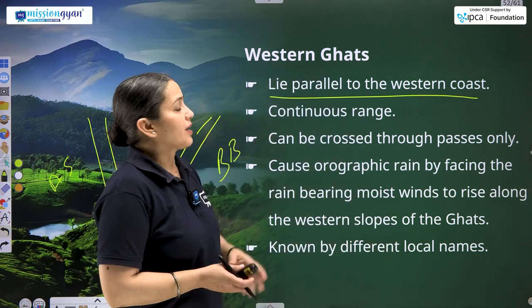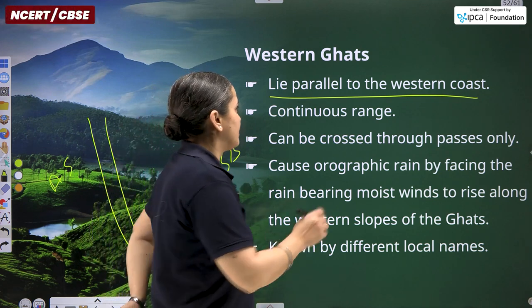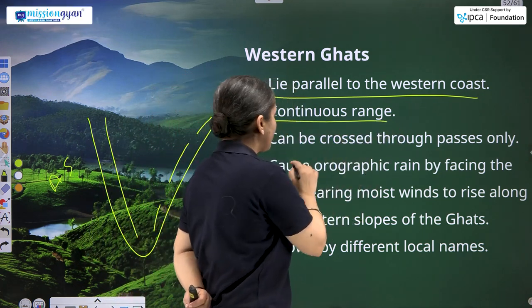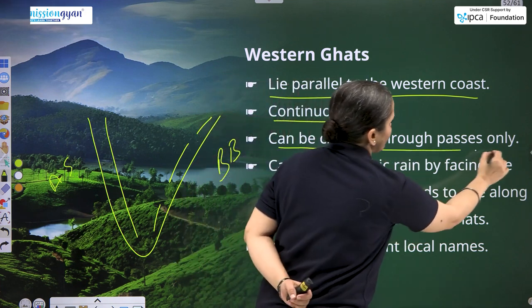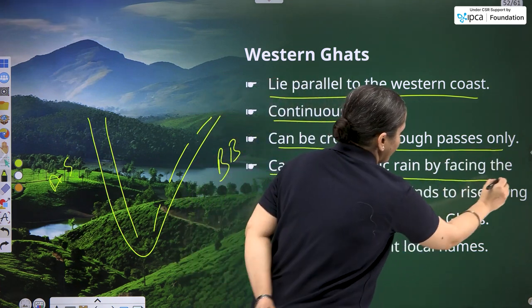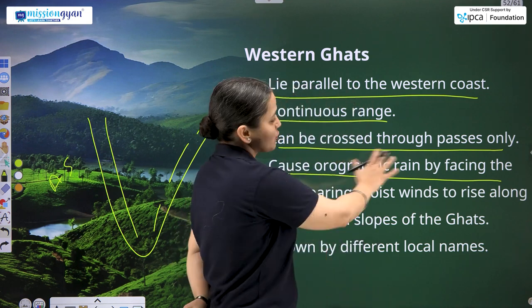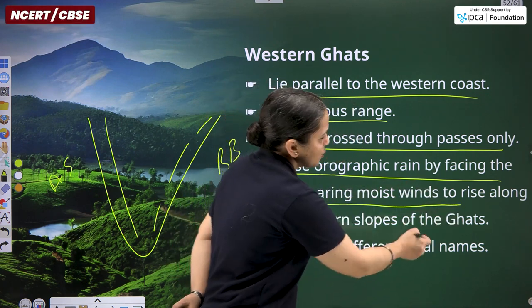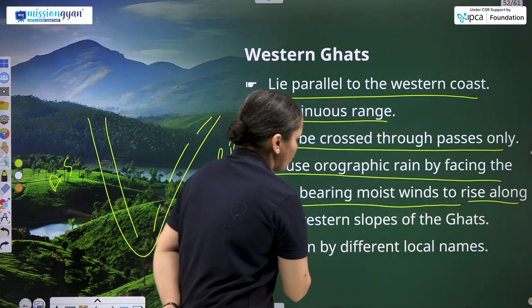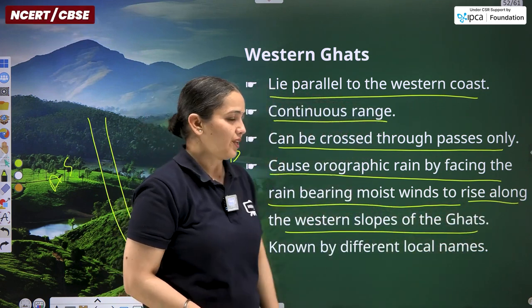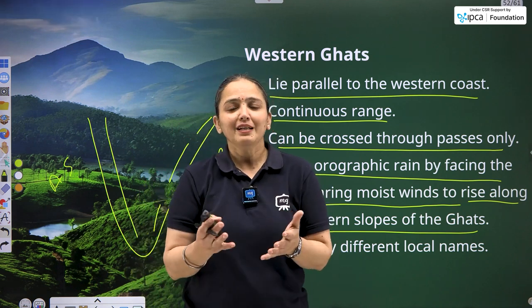Coming back to the descriptive part, the Western Ghats lie parallel to the western coast and are continuous ranges that can be crossed through passes only. They cause orographic rain by forcing the rain-bearing moist winds to rise along the western slopes of the Ghats. That was the descriptive part, but let me help you with that.